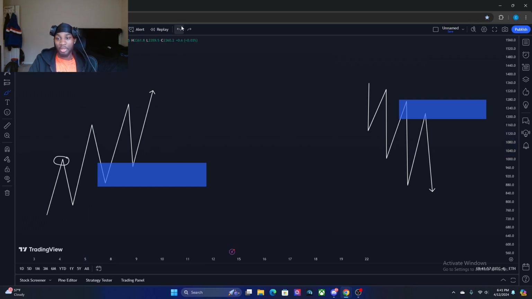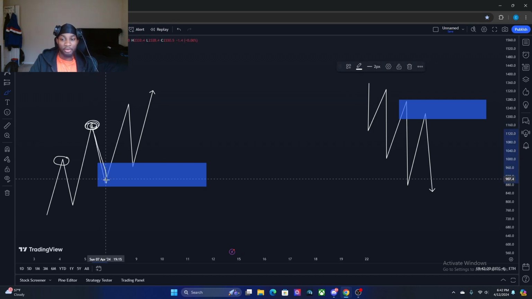You wait for price to pull back down to the zone, and then you look for your entries right here. This isn't marked up for this. Your demand zone would be down here in this case. We're not talking about this, we would have to talk about this high. So this is your high.